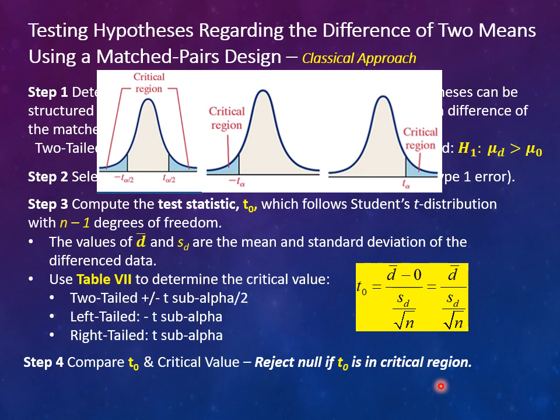And we reject if the t sub naught value, our test statistic, is in any of these critical regions, depending upon which type of test we are doing. And then, of course, we state the conclusion at the very end. Okay, so this should seem pretty familiar. You need to know this formula for the test statistic of the differences, but the rest of this should kind of follow along as you're going through.